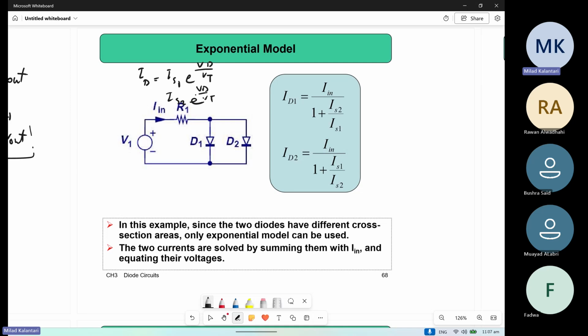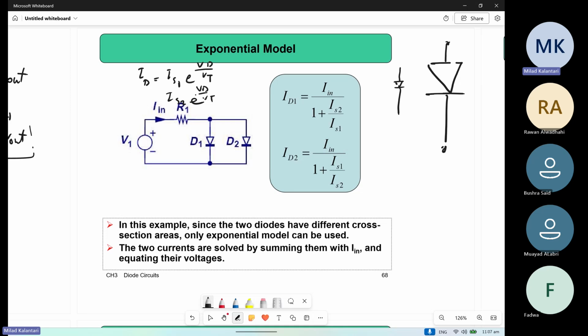Let's say one diode is larger, the other one is tiny. It may happen. You can buy very tiny diodes, or for power electronics you can buy very large diodes. The larger diode should be able to carry more current. You cannot use the small diode to carry too big a current.